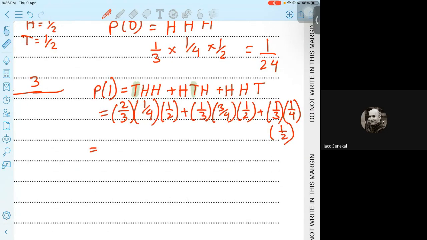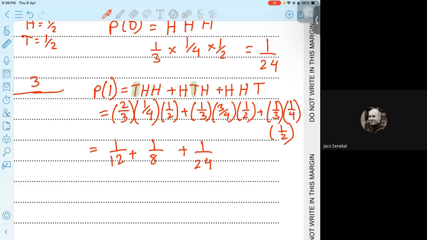So 3 for the 12, 24, and then 2 over 24, or let's just set it as 1 over 12. Then this is 12, 24, 3 over 24, so that is 1 over 8. And then this is, I think, 12, 24, 1 over 24.